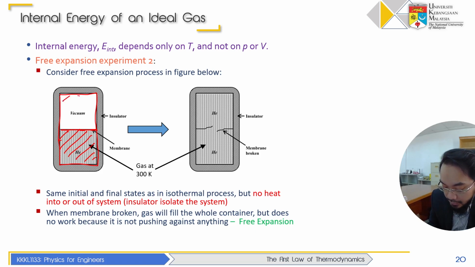So the other half of the flask is vacuum. There's no gas, there's no matter. And then surrounding the flask, you have an insulator, an ideal insulator, whereby energy cannot come in and come out. So all the energy is contained inside the gas or the flask.